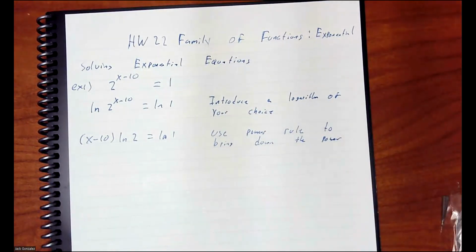Once it's down, just solve for x. You just go back to basic algebra. Okay. Step 1, bring in logs. Step 2, use log powers or properties. Step 3, solve for x, because now it's available to do basic algebra.